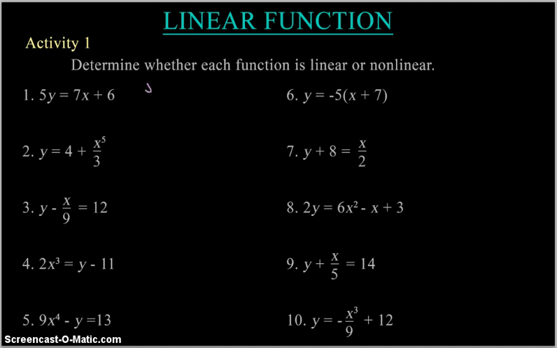So, we have 5y is equal to 7x plus 6. So, para mawala yung 5 dito sa nakatabi ni y, i-divide natin ito both sides of the equation by 5 divided by 5.